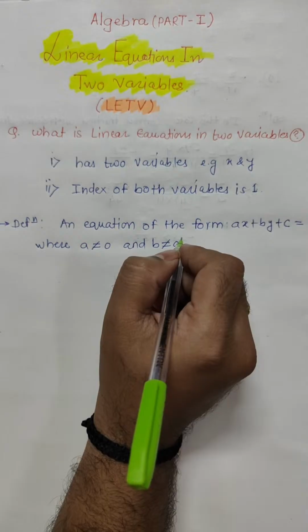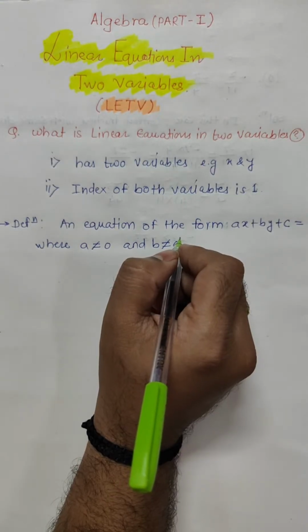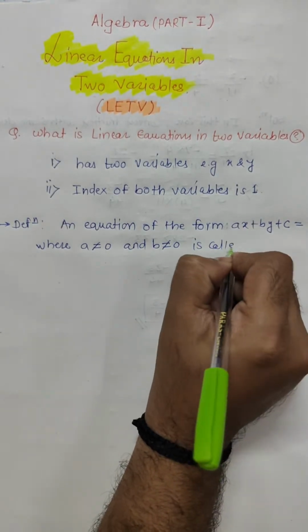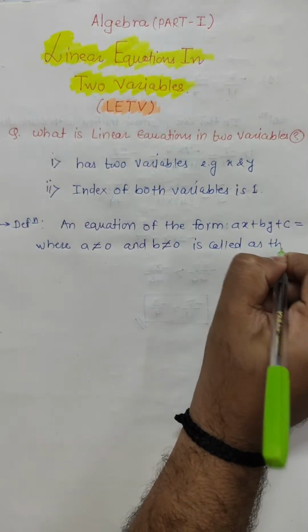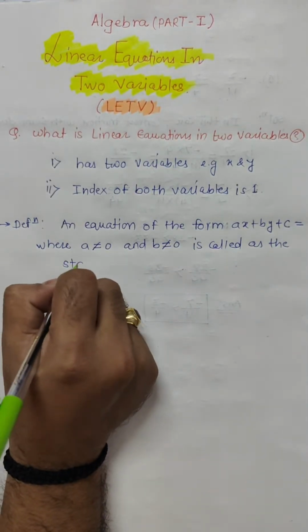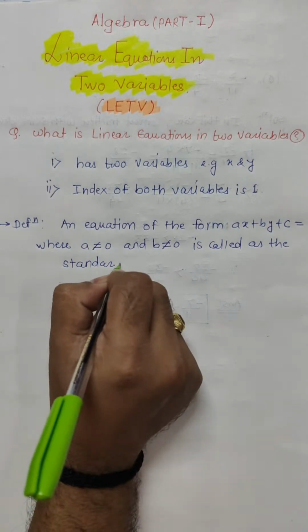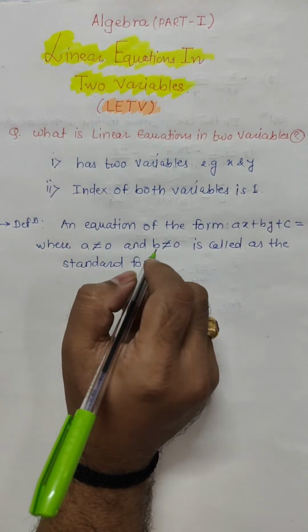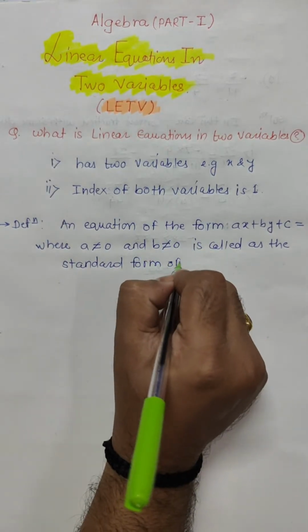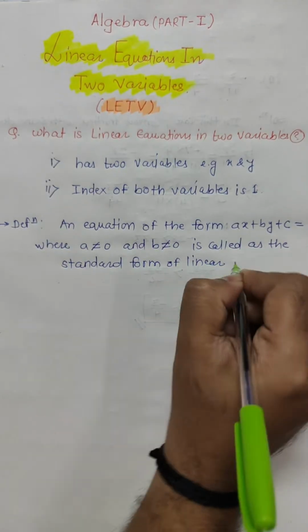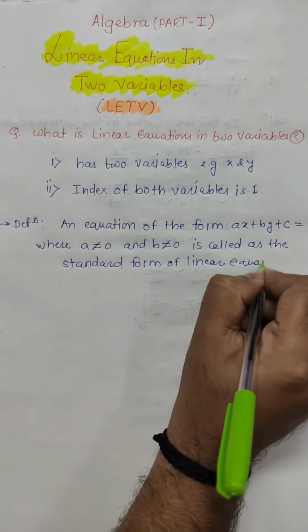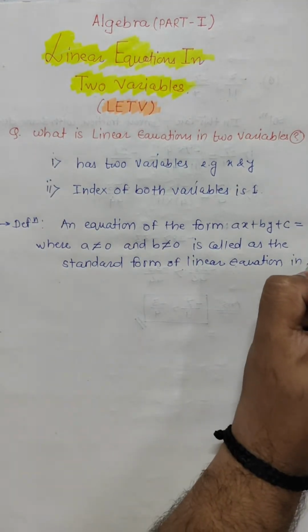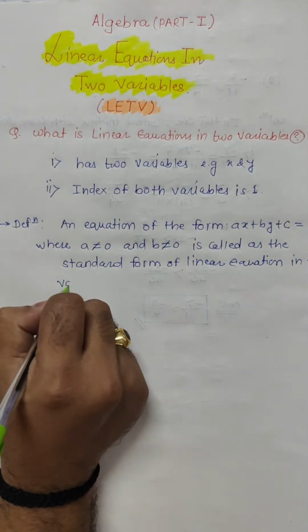A, B, C are the coefficients of the given two variables. It is called the standard form of the linear equation in two variables x and y.